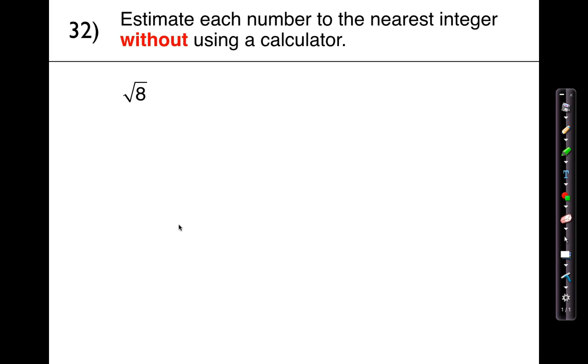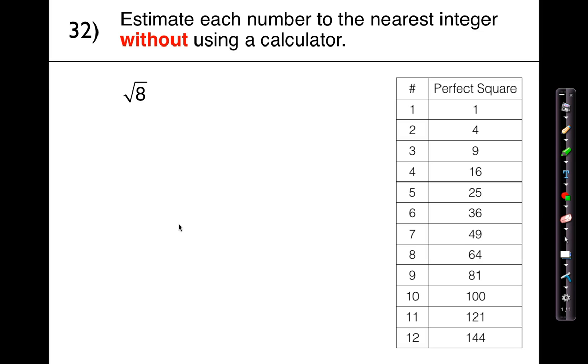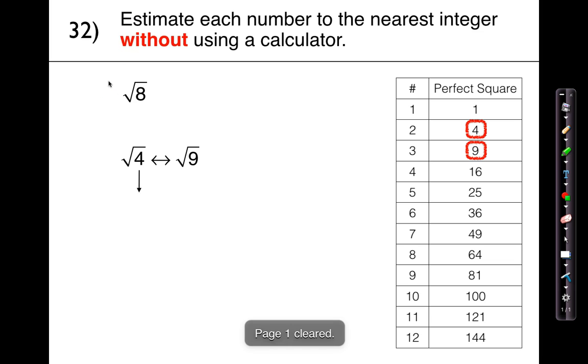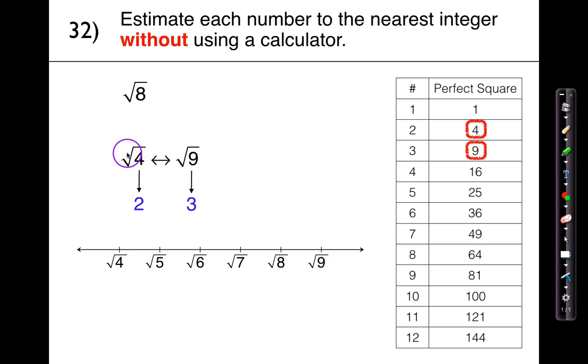So for here, the square root of 8, I'm going to say it falls between a 4 and a 9. So I'm going to say the square root of 4 and the square root of 9. Well, the square root of 4 is 2 and the square root of 9 is 3. So it's going to fall between 2 and 3. But if you think about it, where does that fall closer to?